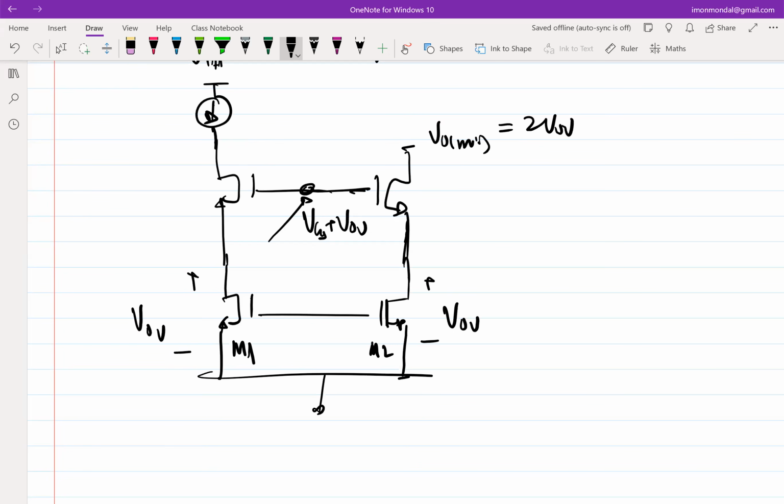It's not set by any bias, but if I just connect it like this in the lab, what's going to happen? There is no bias, so something will happen. What is going to happen? And now we know that the current source is also not ideal. It's some PMOS probably.